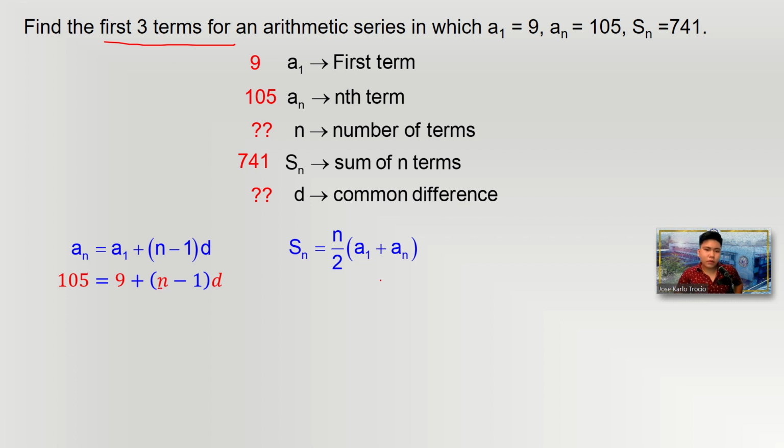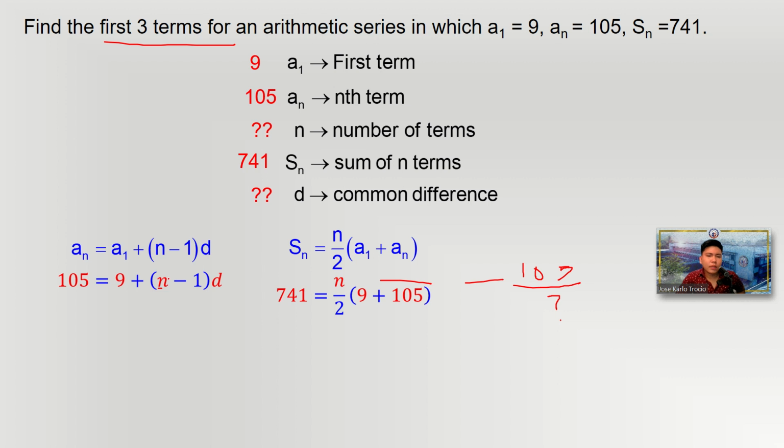But we know that the last term is 105. Do we have the difference? We do not have the difference. But we are looking for the first term. So how to do that? We need to find the n first.